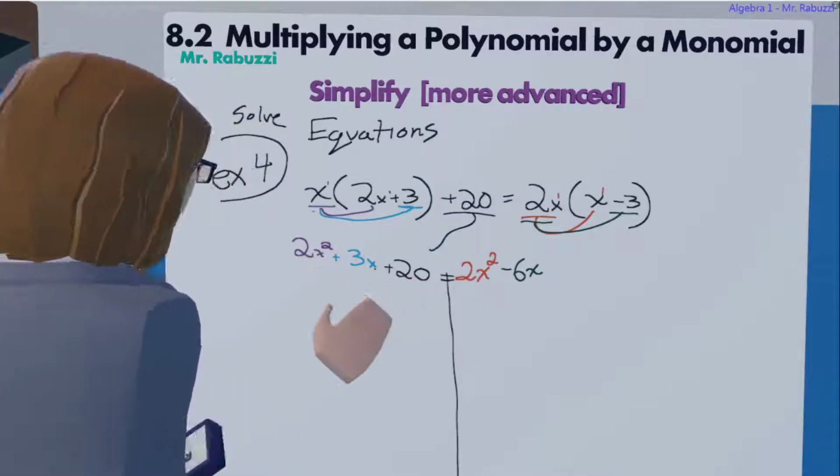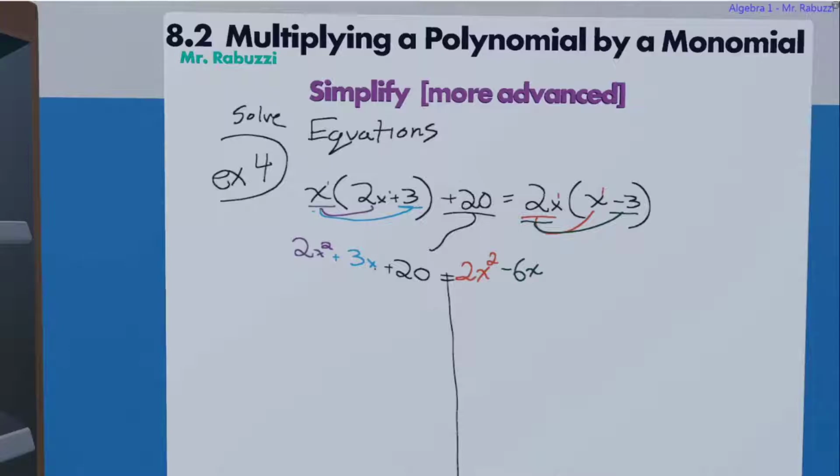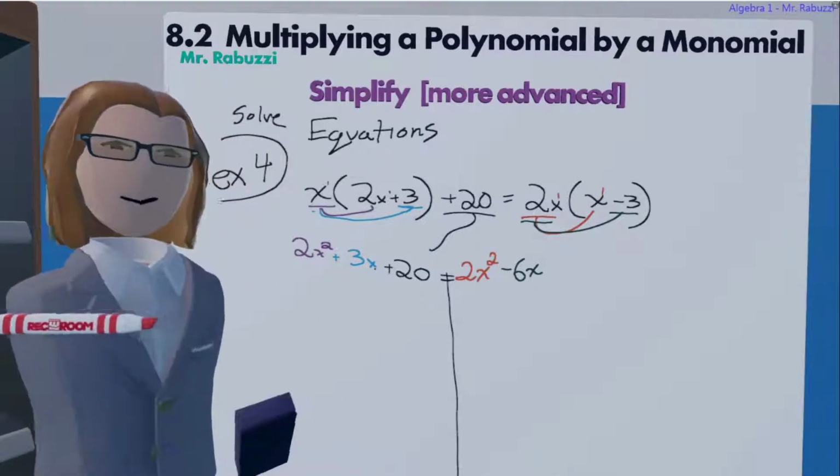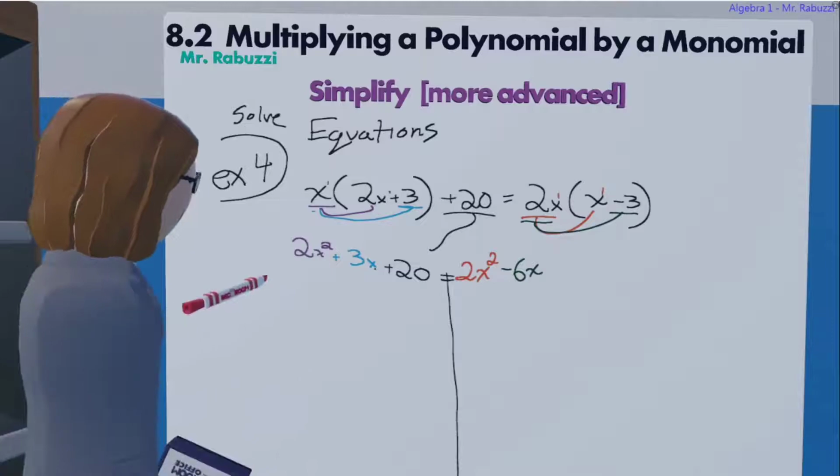And something I can notice here is going to help me. I have a 2x squared on the left, and I have the same thing on the right, 2x squared. So my purple and my orange are the same. That's going to be very handy.